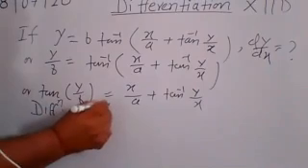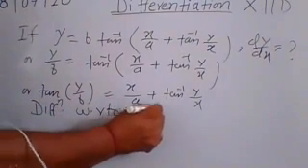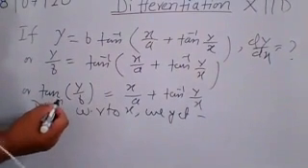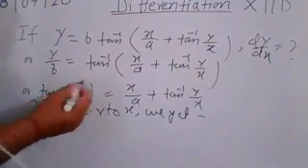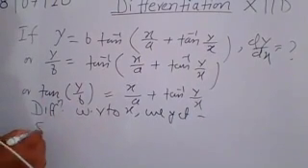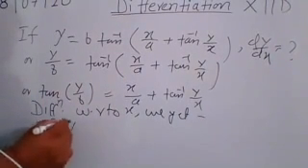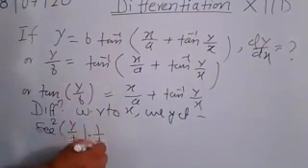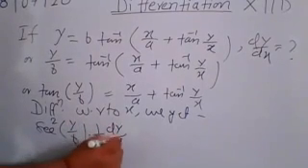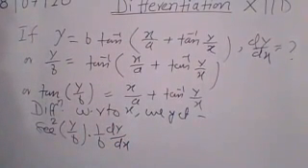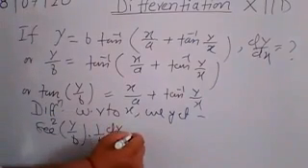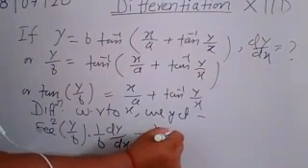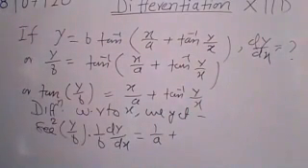Differentiating with respect to x, we get, so this is in the form of tan x. Applying its formula, that is sec square y by b into the derivative of y by b, which is 1 upon b dy by dx, and is equal to the derivative of x by a, which is 1 by a, plus, that is in the form of tan inverse x.